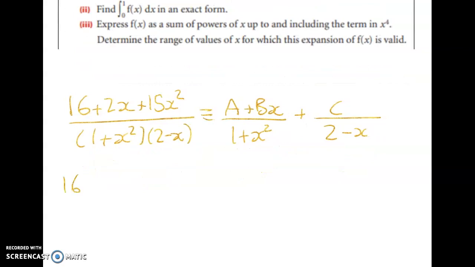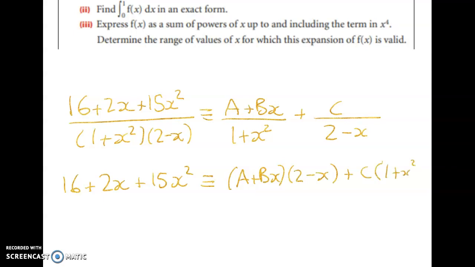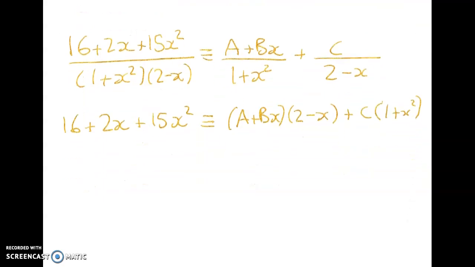Let's start, as usual, by just focusing on the numerator once we've got the common denominator. So we're going to have a plus bx times 2 minus x plus c times 1 plus x squared. I usually like to start these with substitution, and we're going to substitute in x equals 2 on both sides, and from there I'll do matching the coefficients.